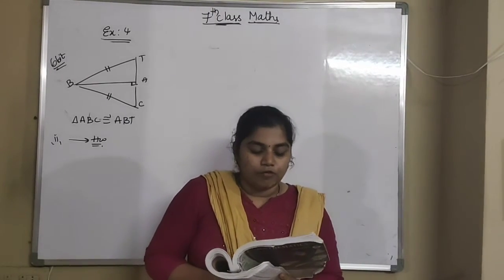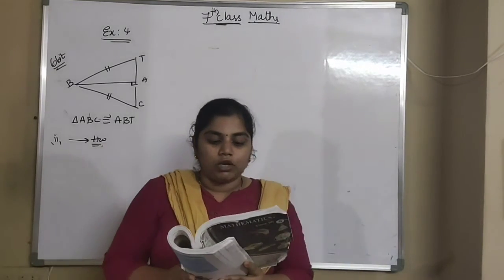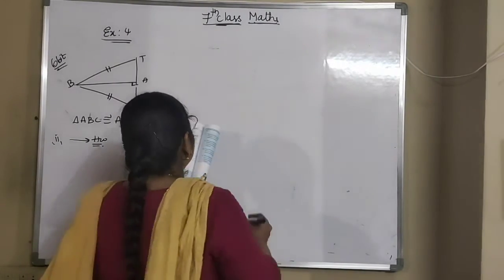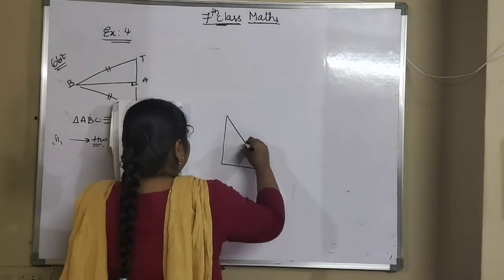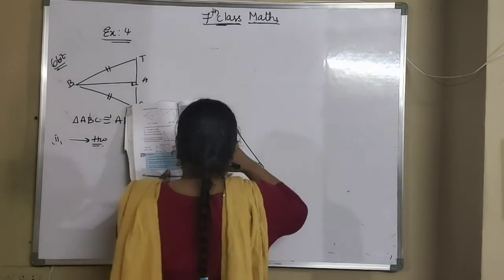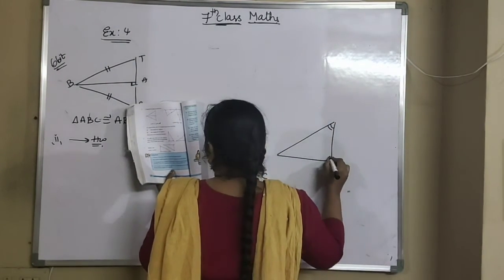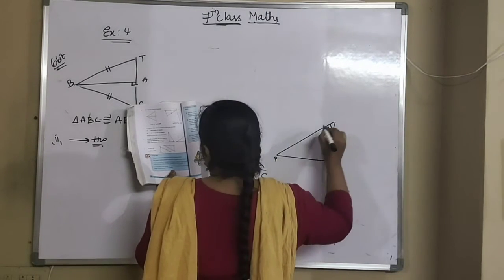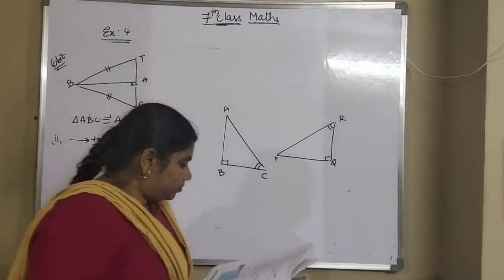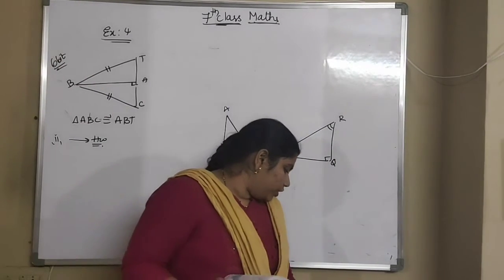Next, eighth one: if triangle ABC and triangle PQR are to be congruent, name one additional pair of corresponding parts. What criterion did you use? So they have given a triangle ABC and triangle PQR to be congruent to each other.